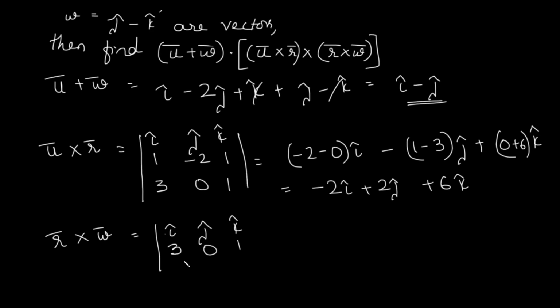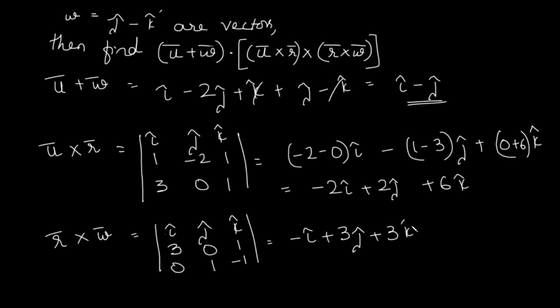And W becomes j minus k, so W becomes 0, 1 and minus 1. Upon solving it, we get 0 minus 1, that is minus I. Similarly minus j into minus 3 minus 0, that is plus 3j, and similarly plus k into 3.